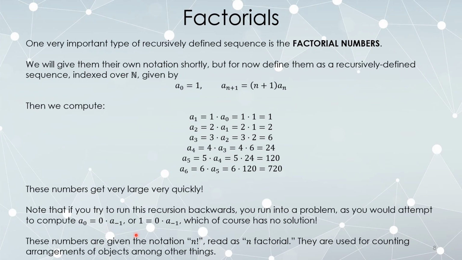Now, instead of calling these a sub n, this sequence gets its own special notation, n factorial, with this exclamation point. They're used for counting how many ways to arrange things, and oh boy, are we going to be using them later on in the course.